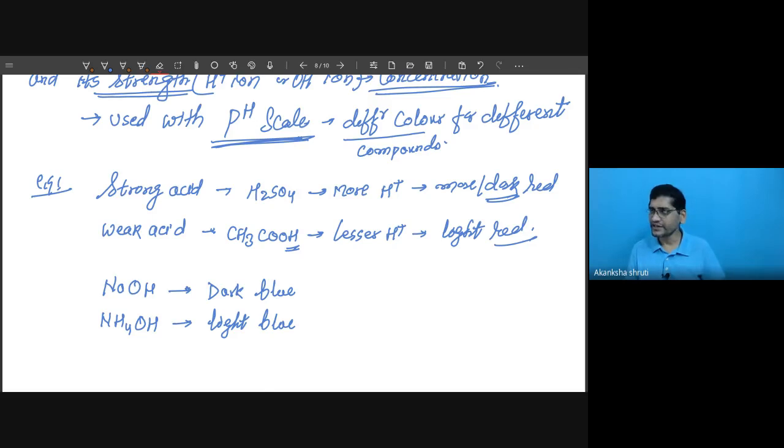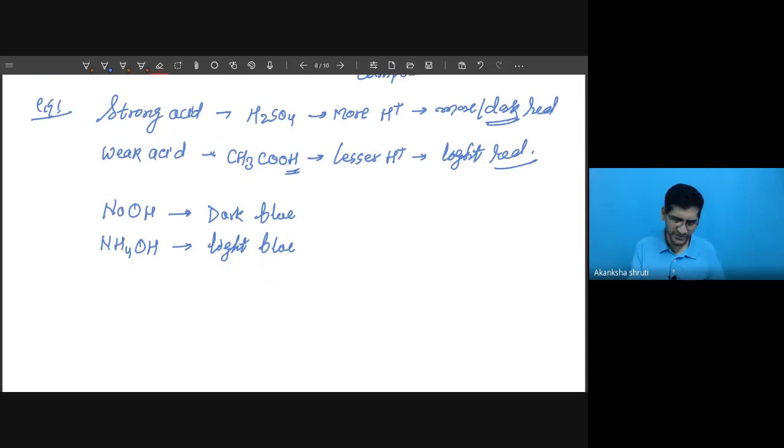Even if we want to know very precisely what the pH value is, then there is a pH meter. So the advancement of this is the pH meter also. Just to write the name, pH meter. It is an electrical meter which can indicate the pH value rather than giving the color.